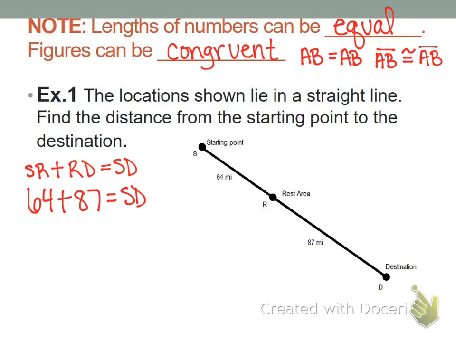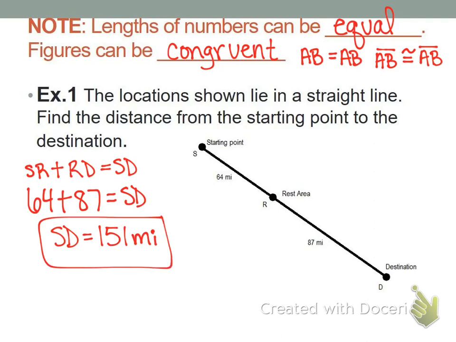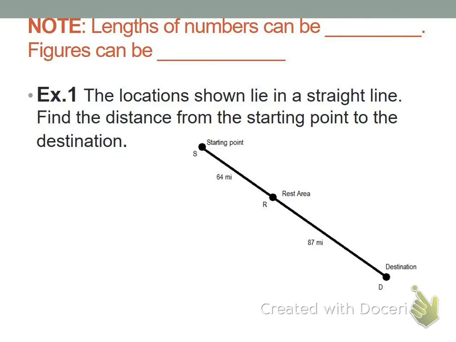What did we get? 151? Okay, sorry, I thought I heard some twos thrown in there. So from S to D would be 151. My units are miles. Questions, concerns about how we did that? Okay. Should be hopefully easy peasy.